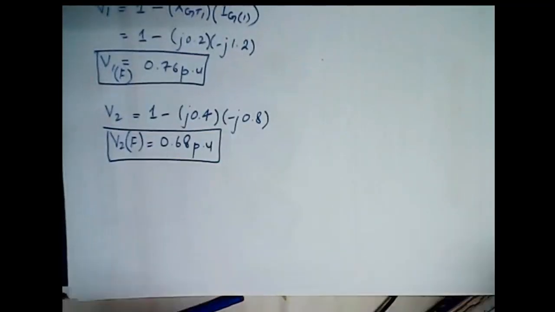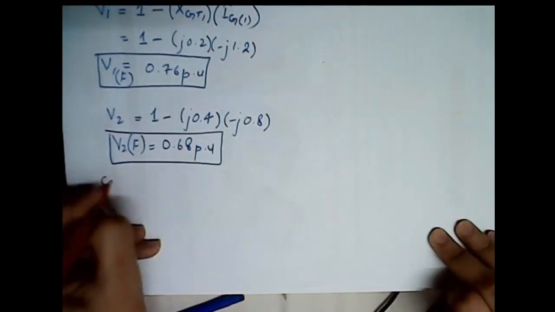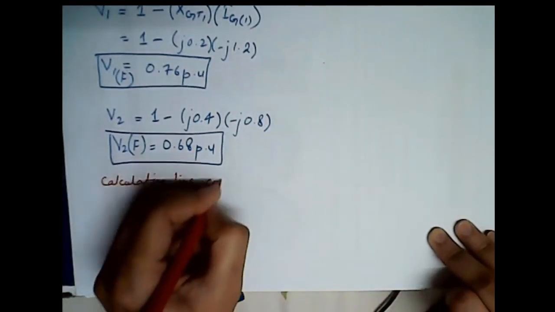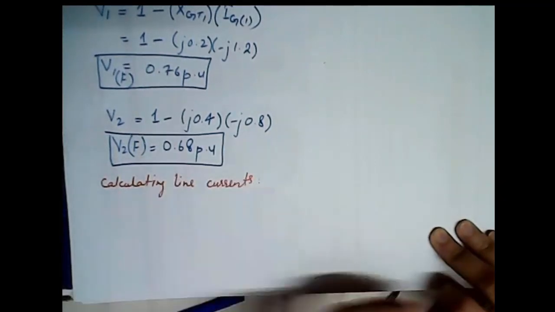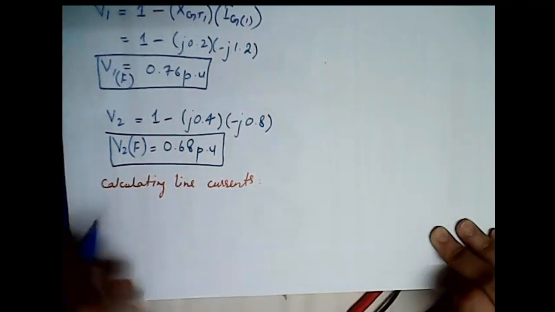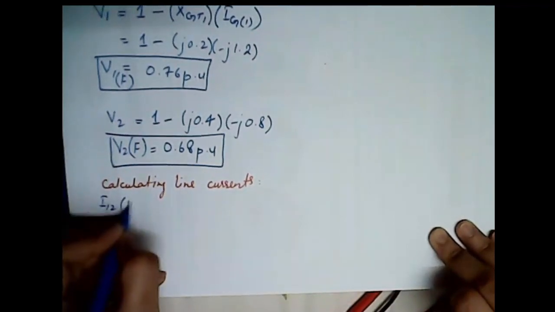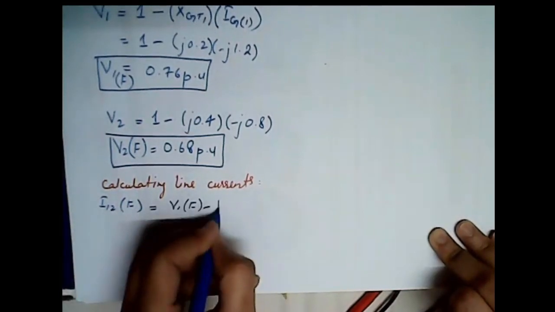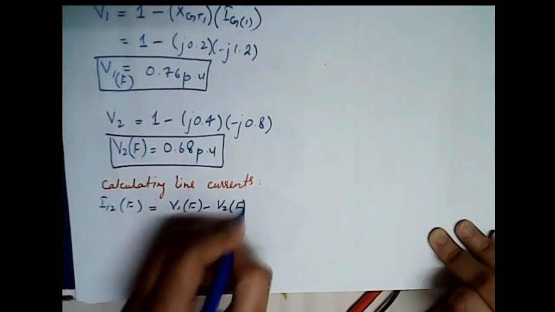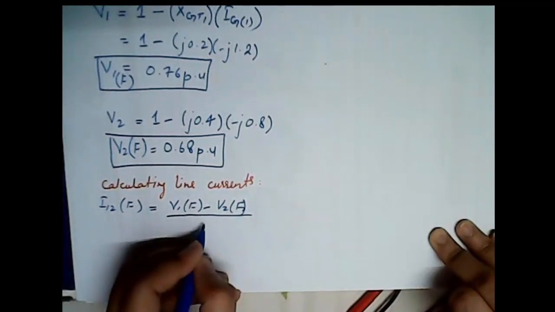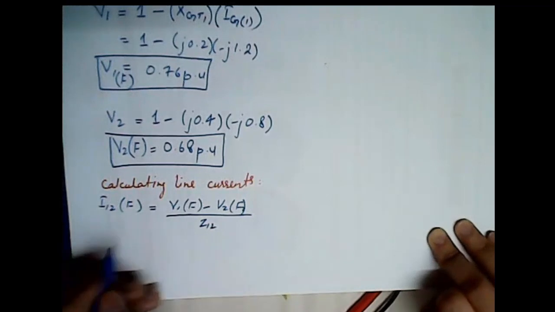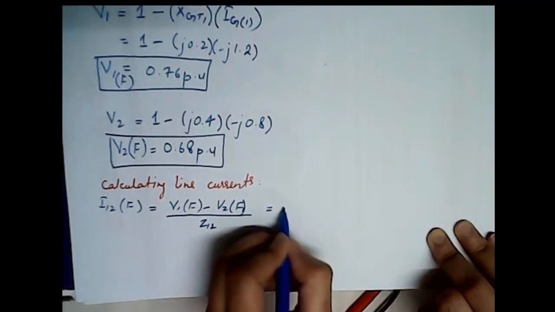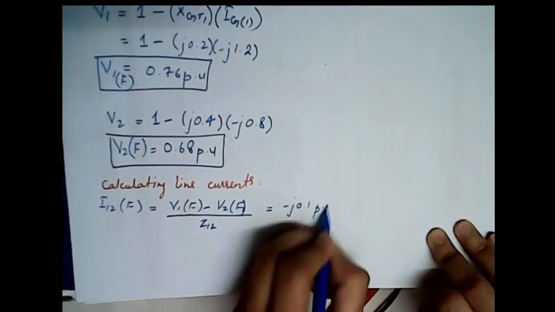So as a last step, calculating line currents, we know I12 in case of this fault will be equal to V1 in case of fault minus V2 in case of fault divided by Z12, or X12 as we have. So this will give us minus j0.1 per unit.